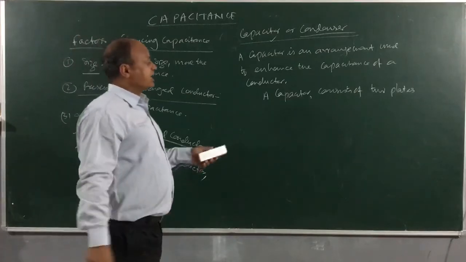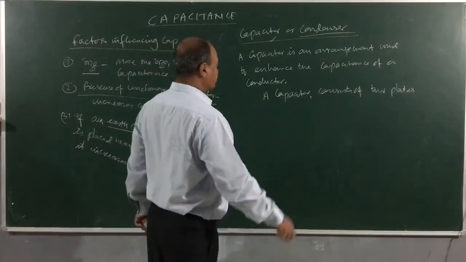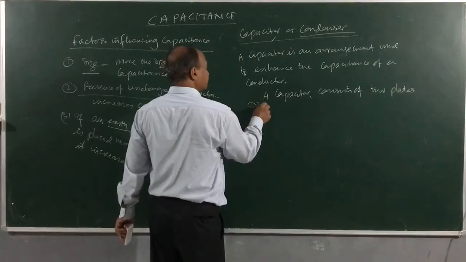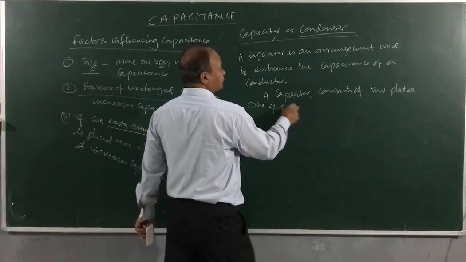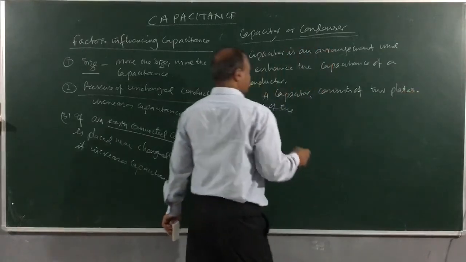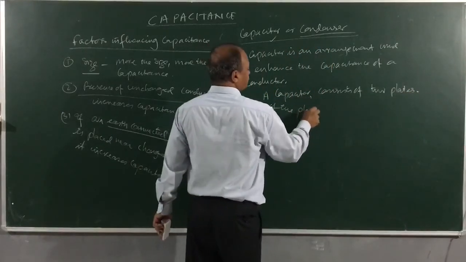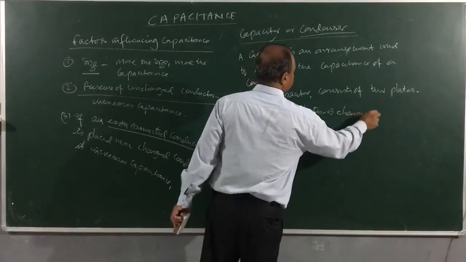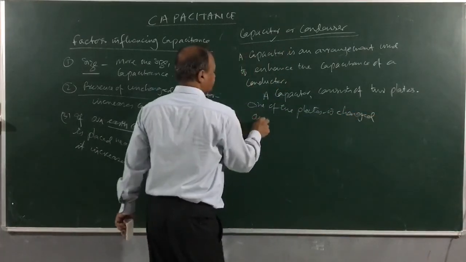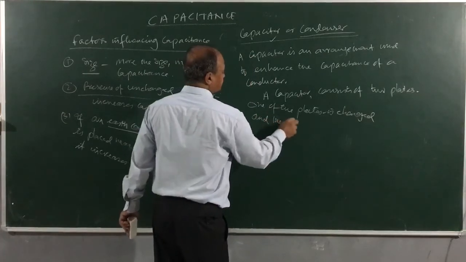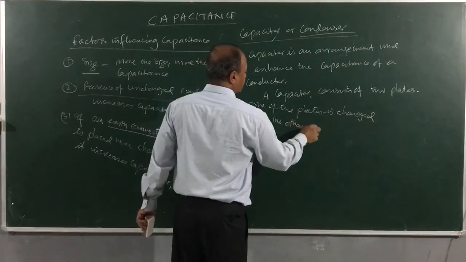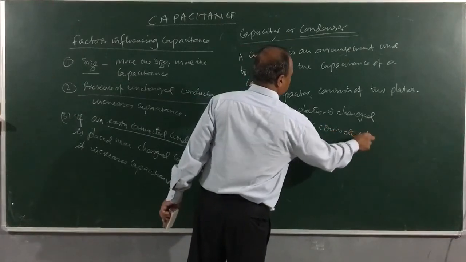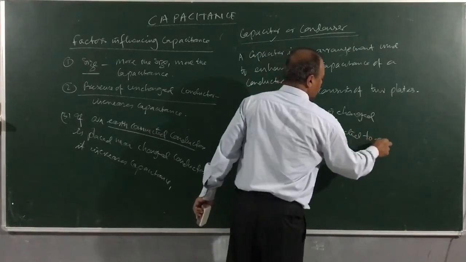So you see, a capacitor consists of two plates. One of the plates is charged and the other is connected to earth.